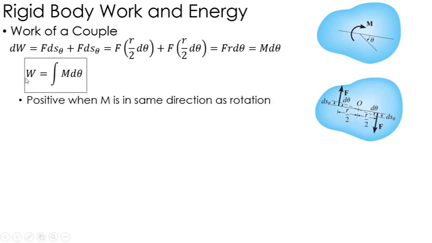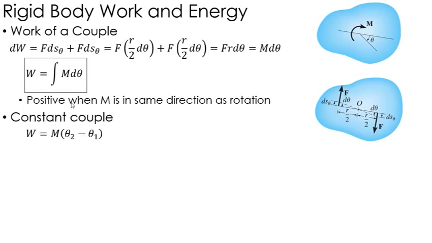Therefore, the work of a couple is the integral of M d theta, which is just the moment times the angular displacement. This work is going to be positive if the moment is in the same direction as rotation. If the moment is opposite rotation, then that would be negative work being done.